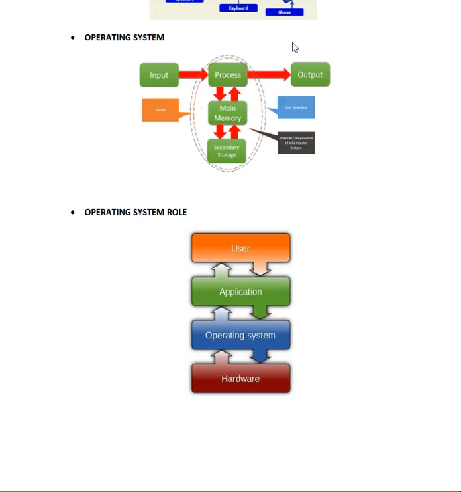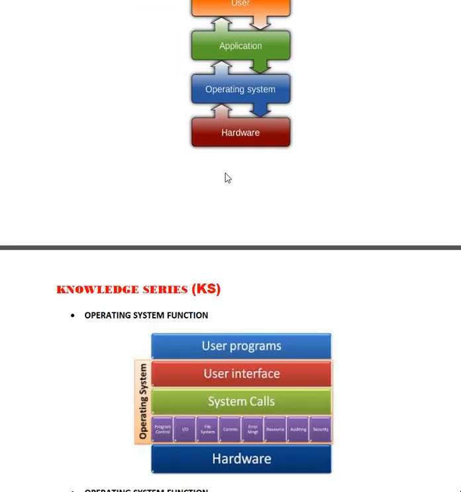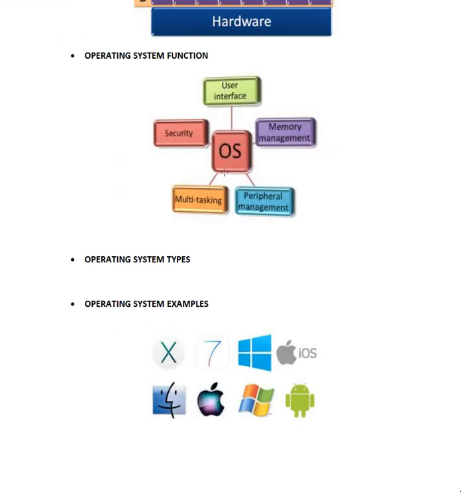So there is an understanding between input and output through the operating system, or you can say the sharing of input and output between a set of programs is being handled by the CPU.